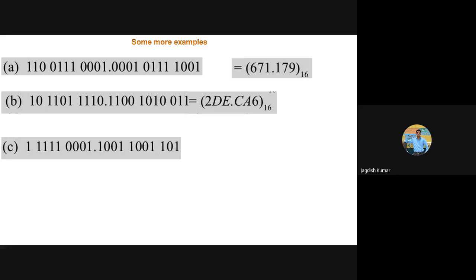Very good. So this time the first response was from Tanvi. Let us see if it is correct. 1F1.99A. Correct. So most of you got it fine.